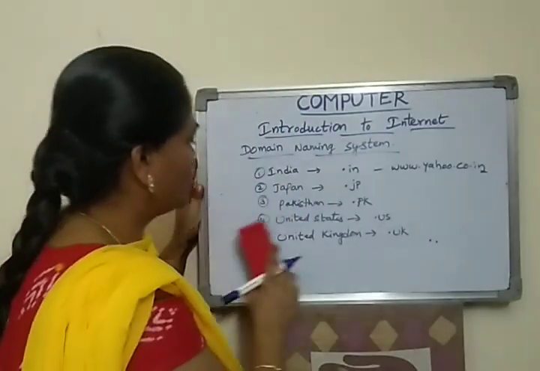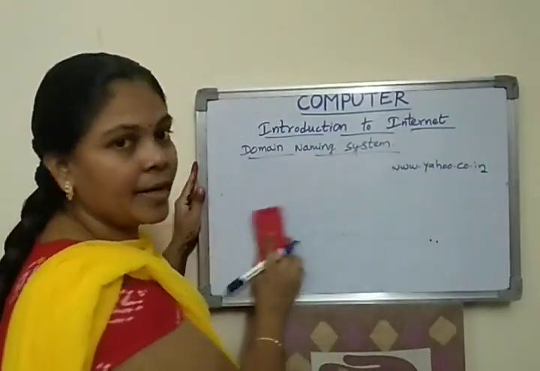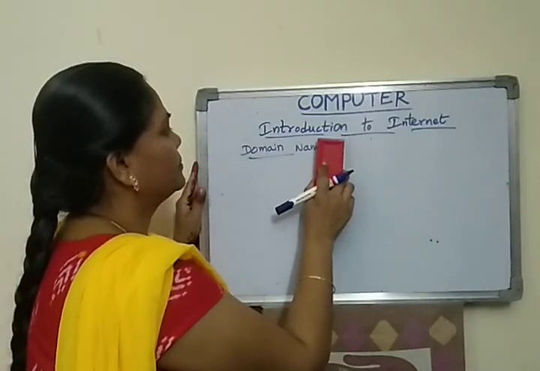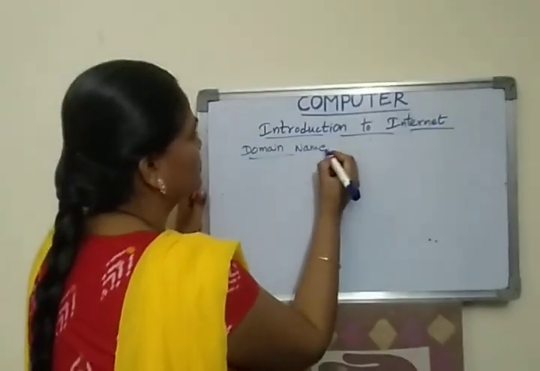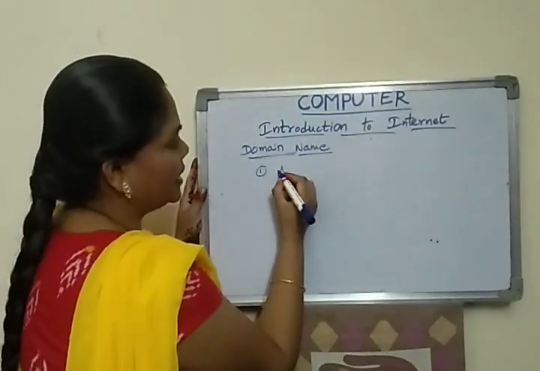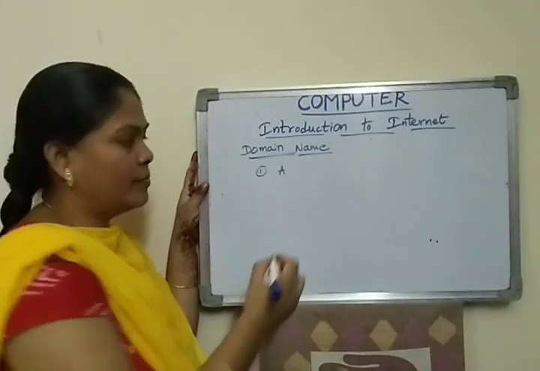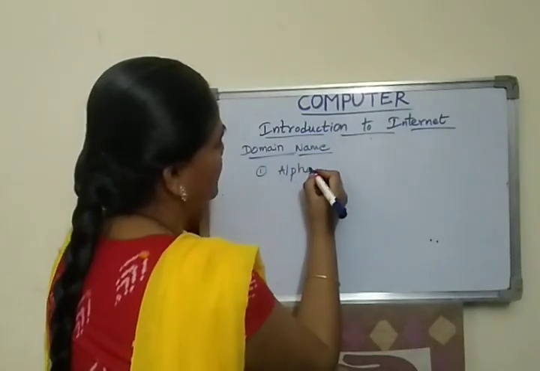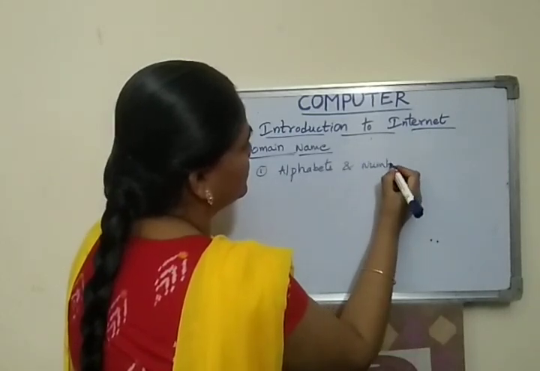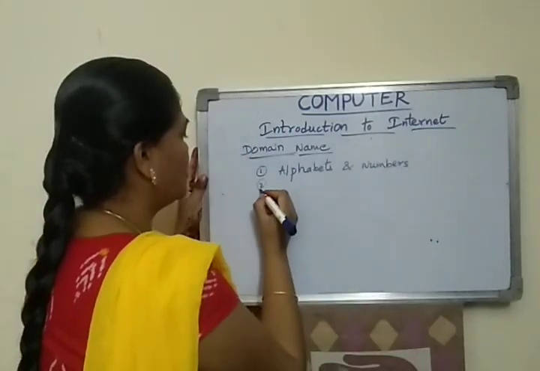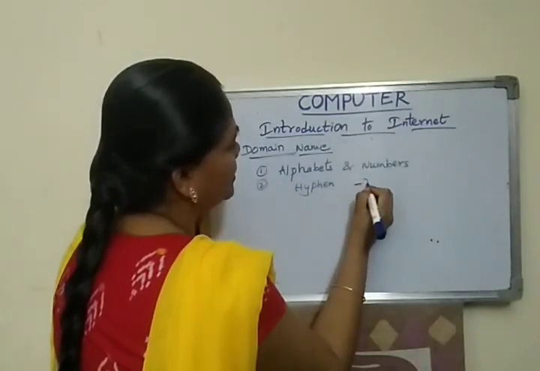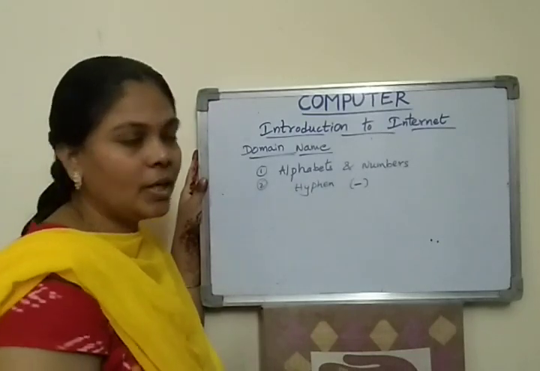Next, what are the rules? How do we decide a domain name? How to give a domain name? First, the domain name can contain alphabets and numbers. Second, hyphen is the only special character allowed in the domain name.